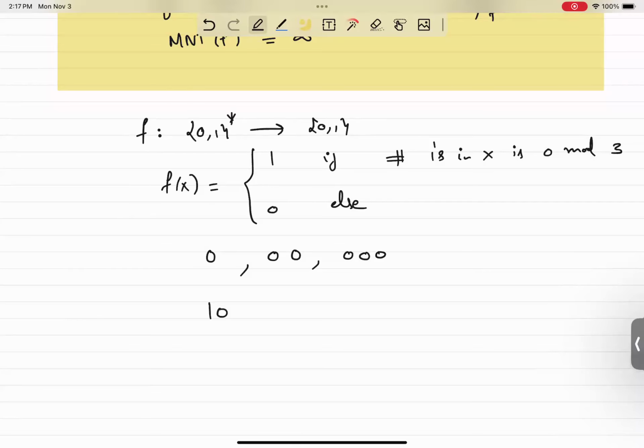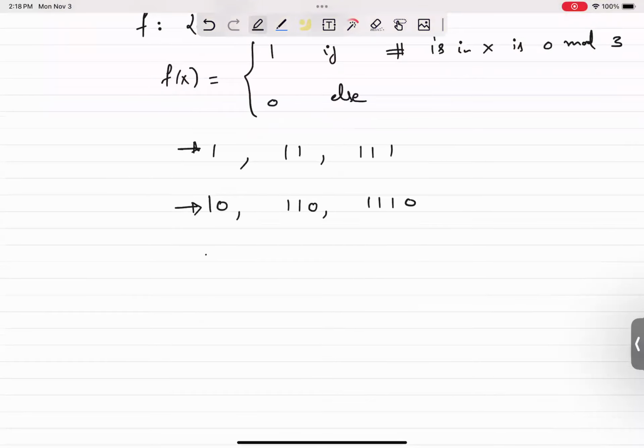I can say the same thing for the number of ones. But I cannot find 4 strings where all pairs are not equivalent to each other. I can find 3, but I cannot find 4. It requires some proof, but MNT of f is actually 3.